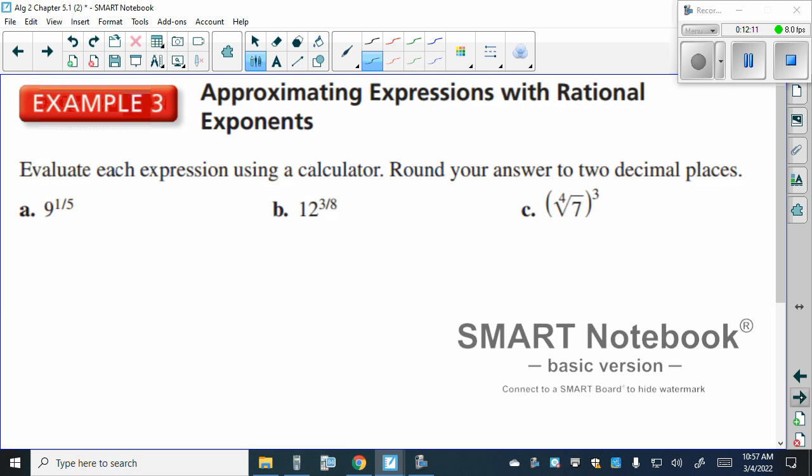And these are your all's favorites. Because what are our directions for these here? Evaluate using a calculator. Round your answer to the nearest 2 decimal places. Well, our first one's 9 to the 1/5.